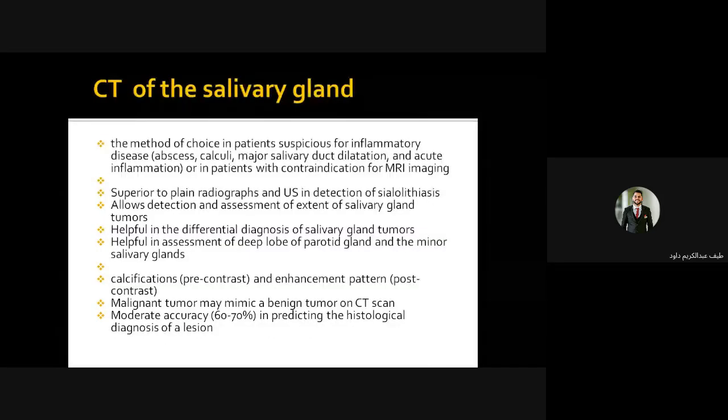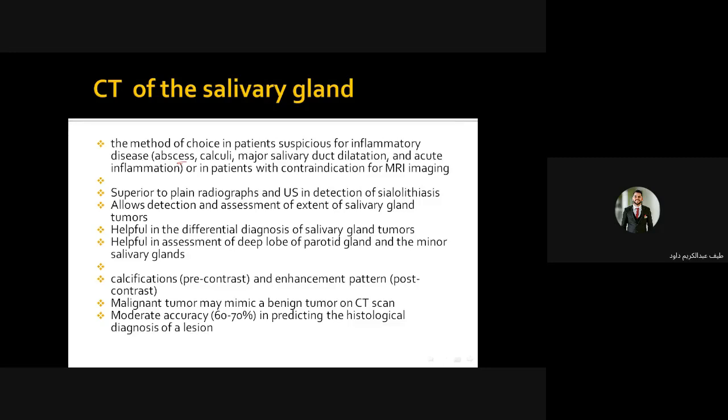الآن راح نعرف الmethod of choice when we are going to use the CT scan, demonstrating the abscess, the calculi, and inflammation. وتعتبر more accurate than the radiography. In case of a tumor, we could know the extension of the tumor.